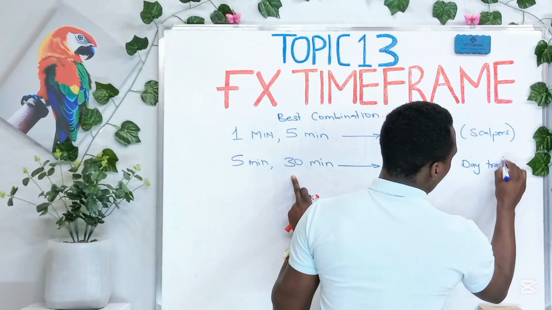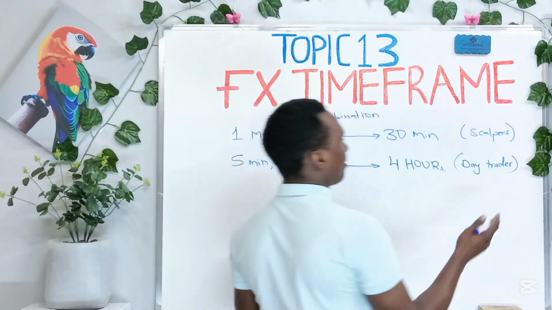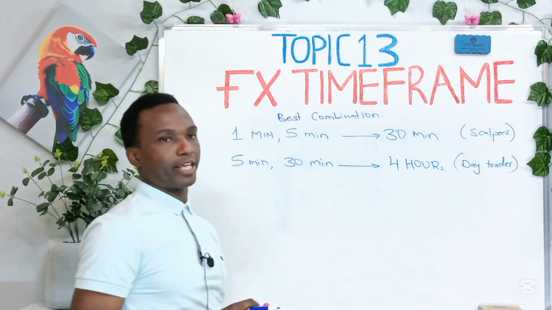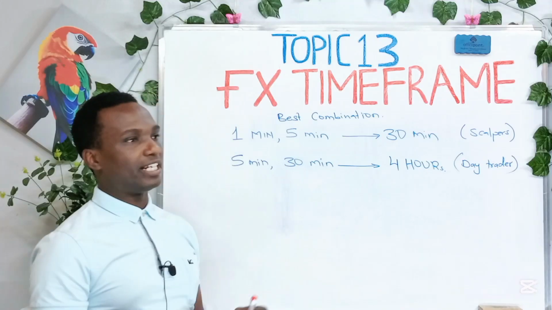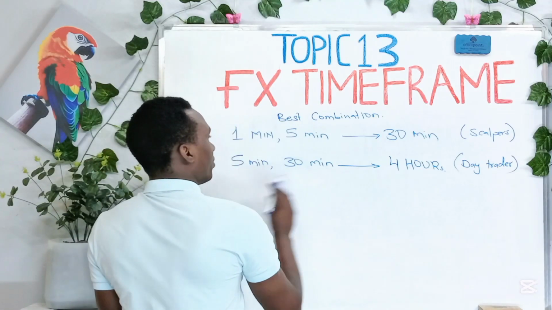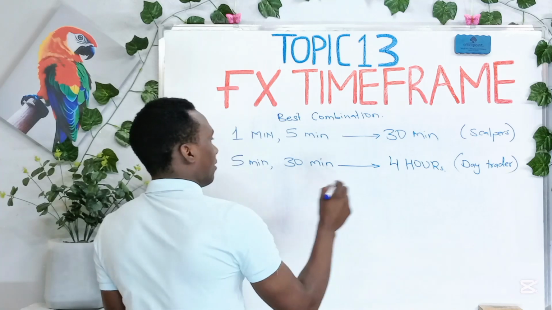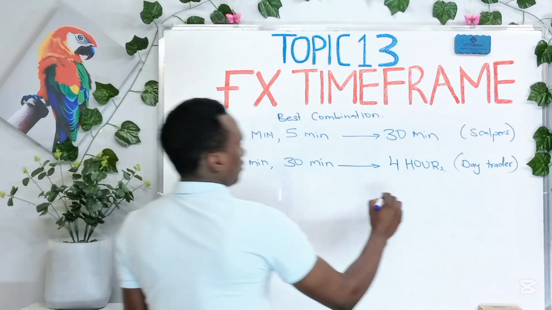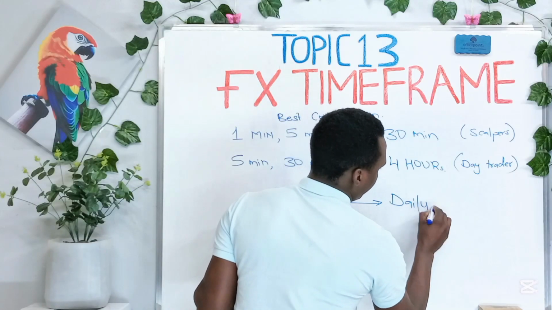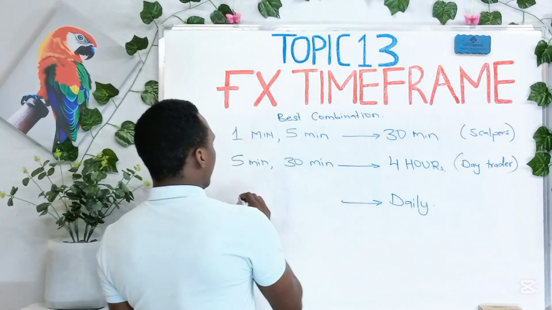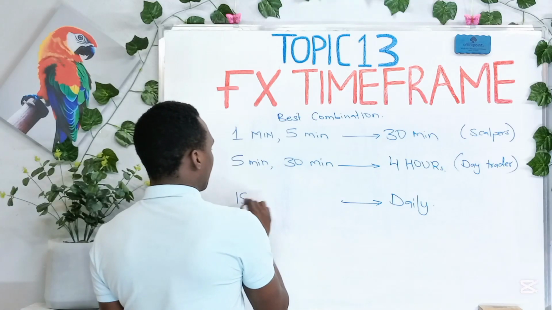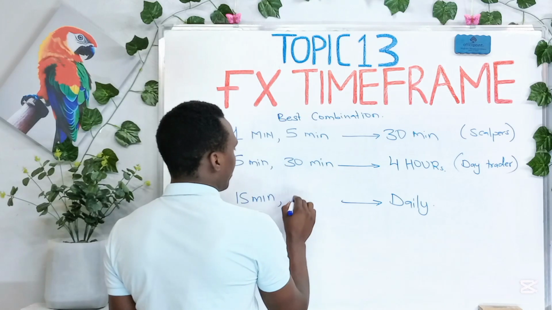You can either call them short term swing traders or day traders. Another good combination you can take is, in case you are using the daily, let us start from here. Daily time frame. So here you get 15 minutes, and here you get 1 hour.